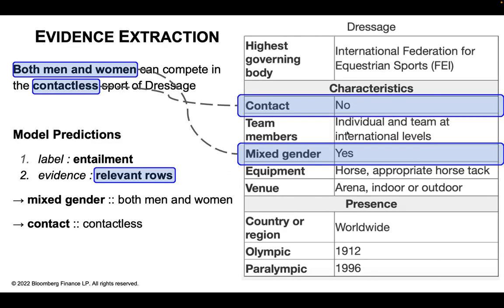Now first look at the evidence extraction phase. In the evidence extraction, what we want is that the model prediction should not be just the inference label but also the evidence rows. For example, the same example, both men and women can compete in the contactless sport of dressage. The model should also predict the rows, mixed gender and contact, as a part of the prediction pipeline.